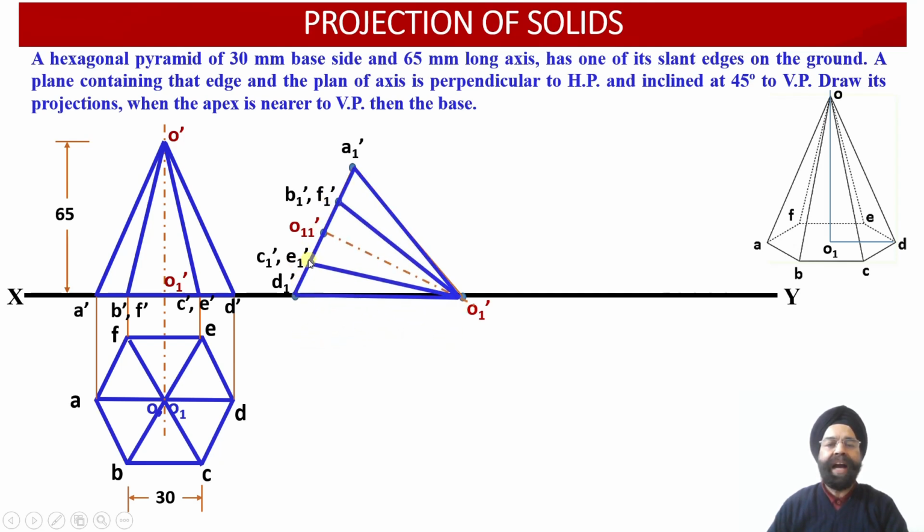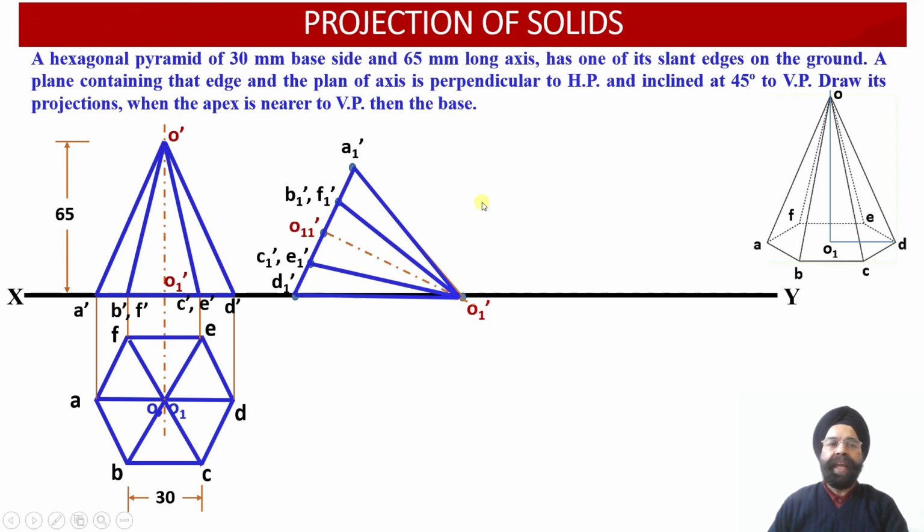So once we mark all these points of the elevation projection view into the transformed or rotated view, using rectilinear distances we have been able to obtain the rotated or transformed projection of this hexagonal pyramid, when it has been rotated in such a way that it rests on one of its slant edges on the horizontal plane.